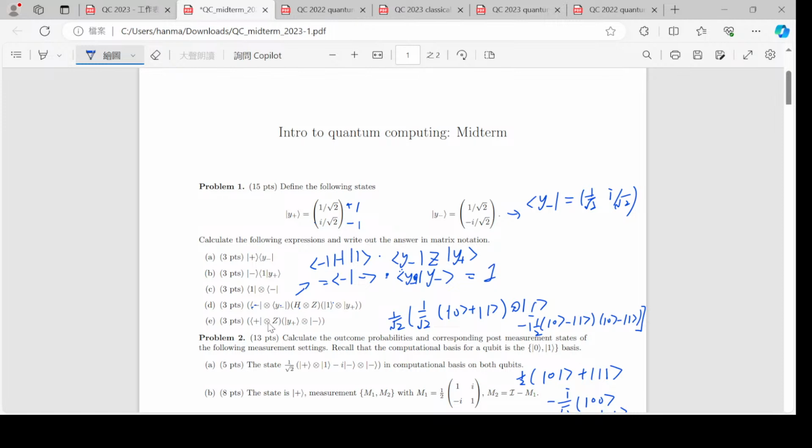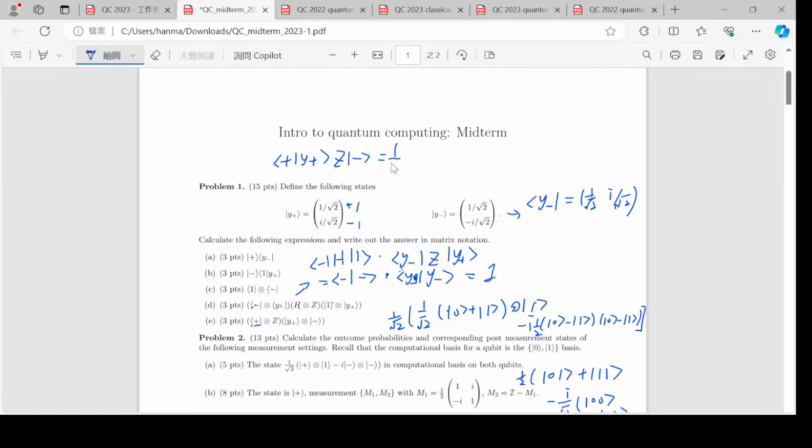Okay. And then similarly, the last one, you calculate the inner product between plus and y plus, and then the minus state, and the minus state is actually a plus state. But this plus and y plus is pretty ugly.